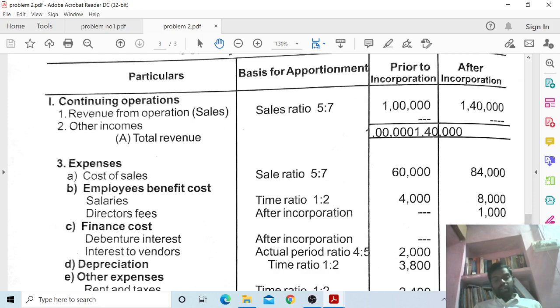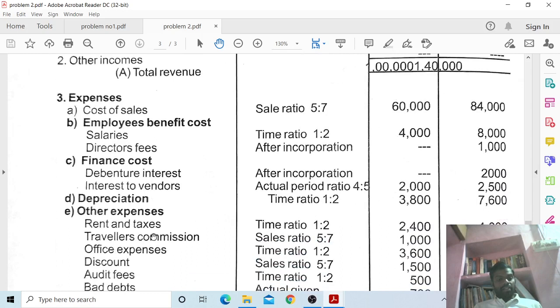Director fees: prior incorporation period nil, and after incorporation period directly 1,000. Next, C, finance cost. Debenture interest is taken directly after incorporation: prior nil, after incorporation 2,000.